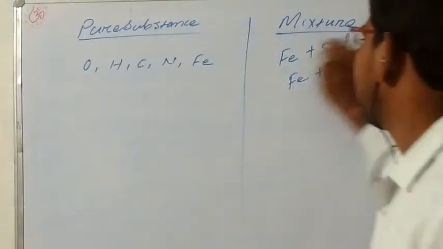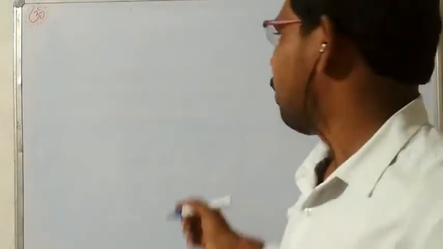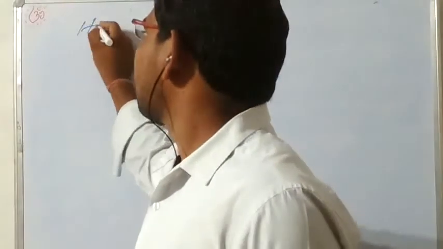So another question will come: what are homogeneous mixtures and heterogeneous mixtures? Homogeneous mixtures means the composition is uniform. Homo means same and hetero means different. The mixtures which have the same composition throughout are called homogeneous mixtures.